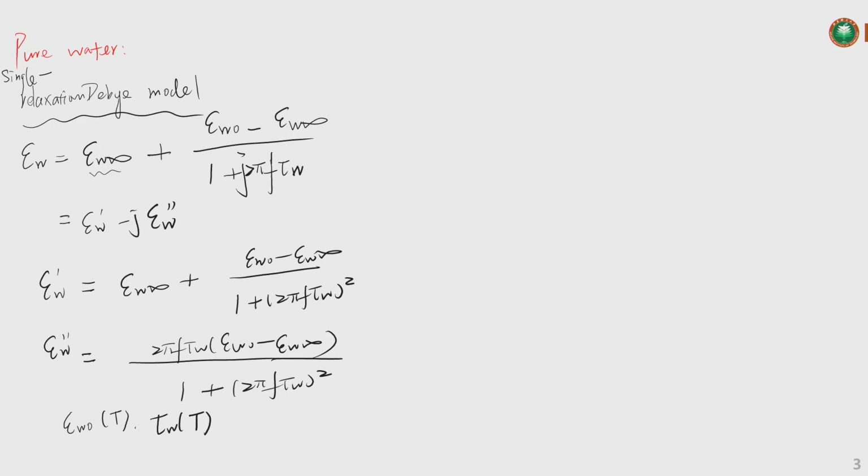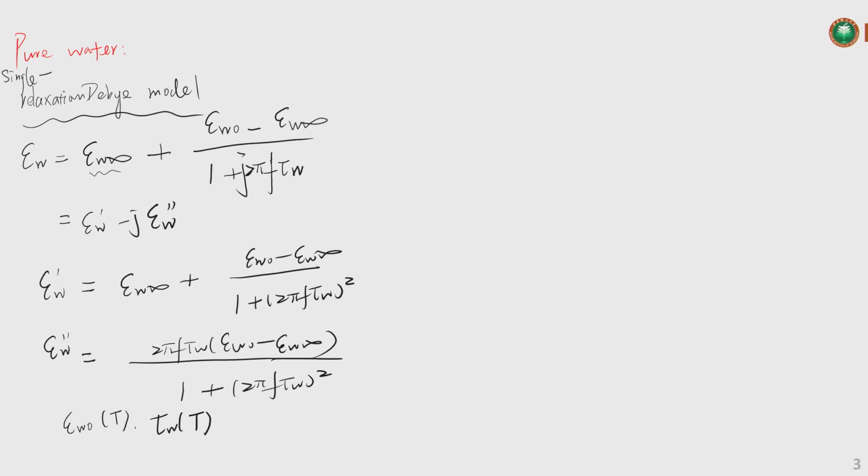So that means the absorption or the power loss for the EM wave propagating in a kind of material also depends on the temperature of the material.